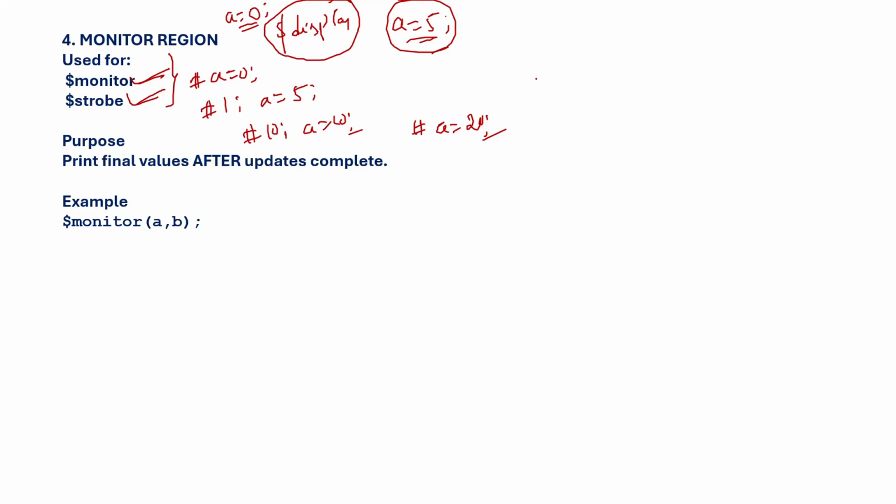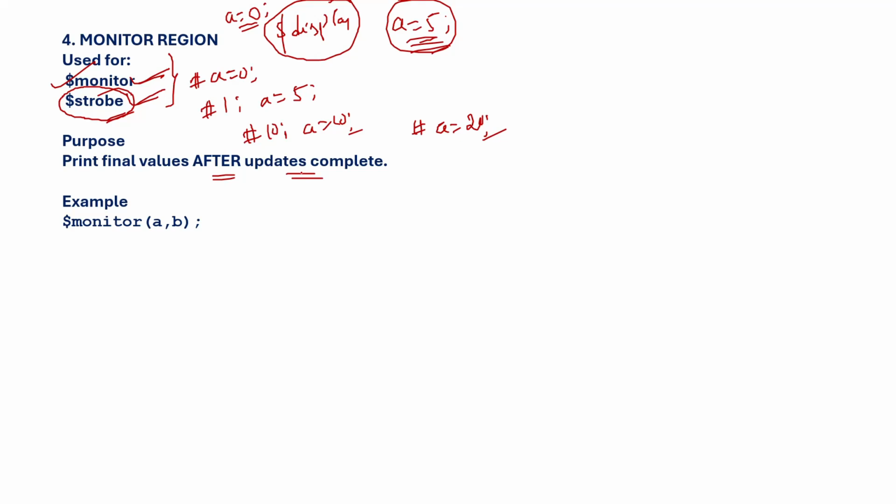In my simulation, I want to observe each and every change, then I will go for this $monitor. This $strobe prints the last updated value. That is the reason, a equal to 5 means this last updated value is printed. So it prints the final value after the updates are completed.